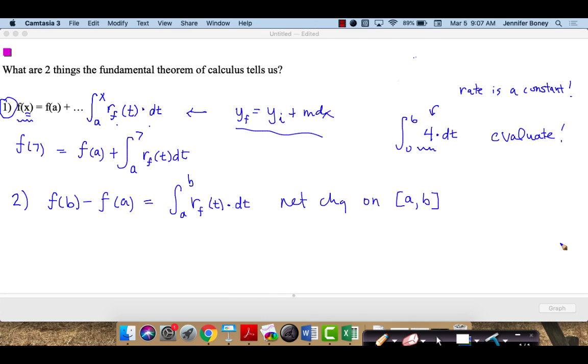What sorts of functions have constant rates of change? One number throughout. Yeah, linear functions have a constant rate of change. So this is talking about a linear function and how much net change there is in that linear function with rate 4, like $4 per gallon.